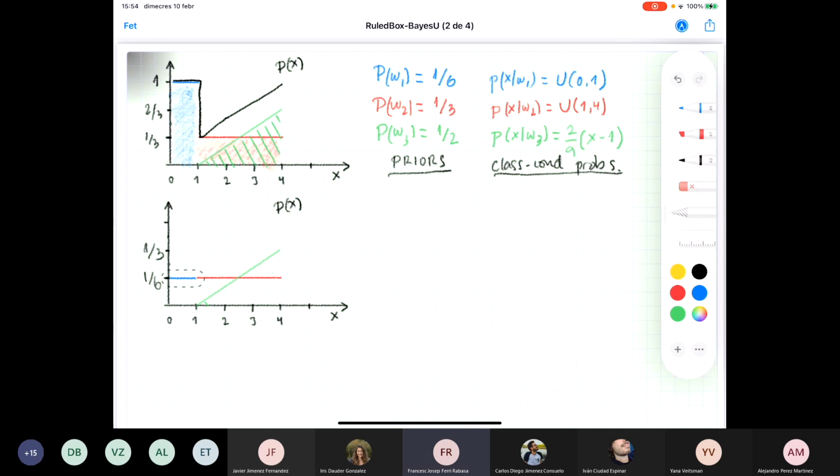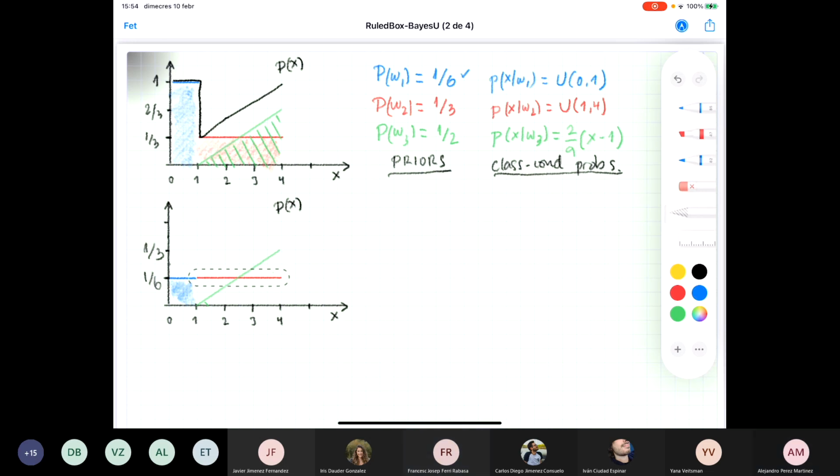This is the class conditional probability of class 1 weighted. Now this area is no longer 1, now it is 1/6, which is the prior.